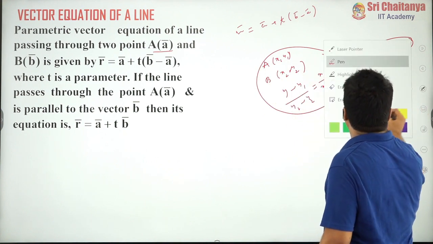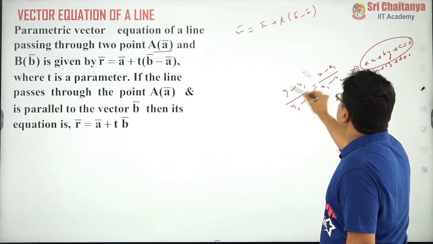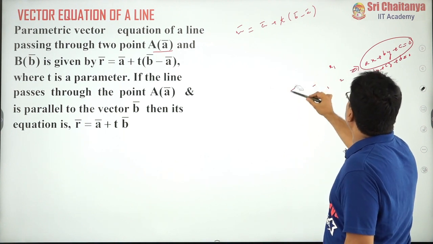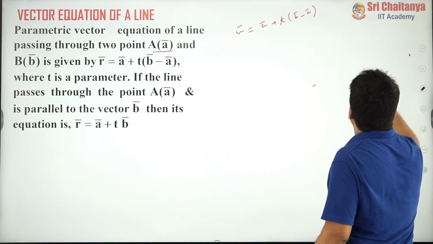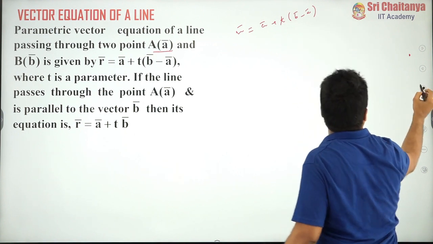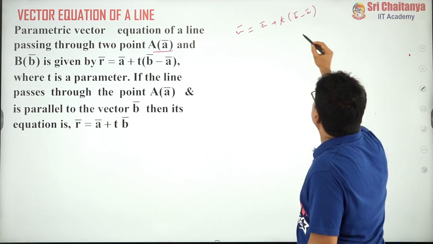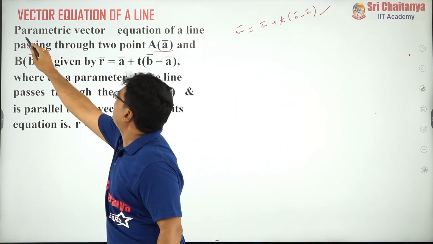Now, coming to vector algebra, just like in Cartesian form, if I am representing a line equation like this, r bar equal to a bar plus t into (b bar minus a bar), this is called the parametric vector equation.